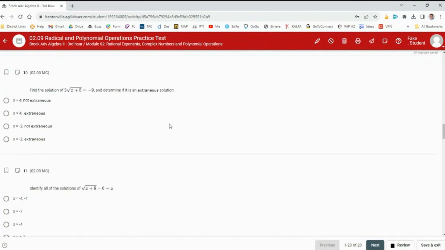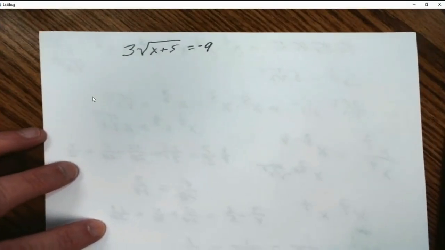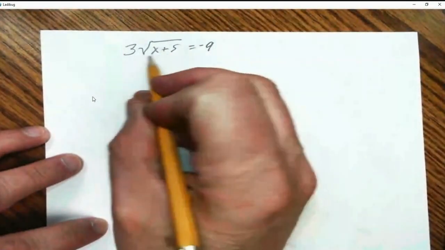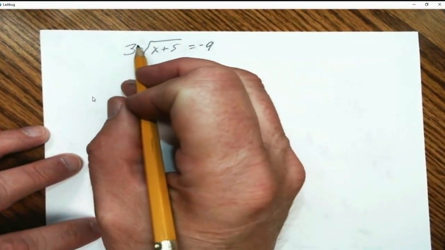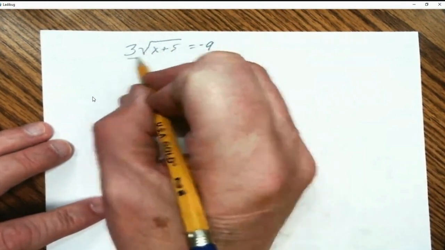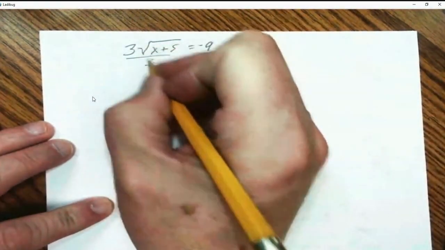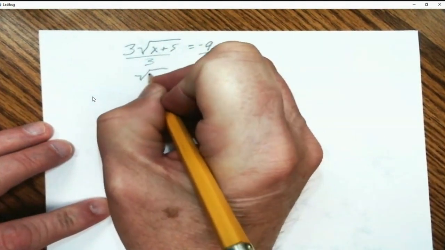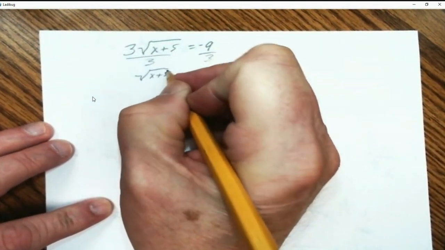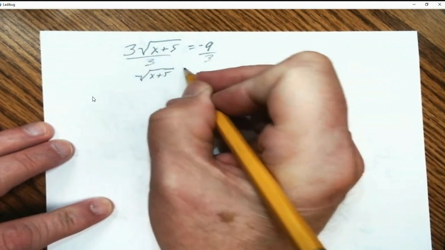All right, let's look at number 10. Find the solution of 3 times the square root of x plus 5 equals negative 9. Working this out, again, we need to square both sides, but only after the square root is by itself. So we need to divide both sides by 3 first. So this is now the square root of x plus 5, because 3 divided by 3 is just 1.